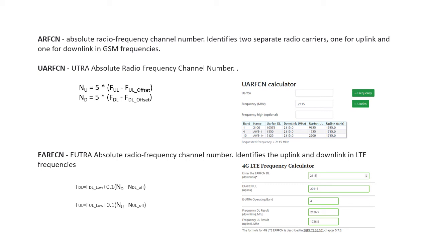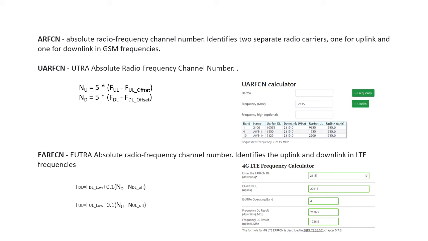For example, here we have a frequency equal to 2115. The calculator will determine the UARFCN, the downlink frequency, as well as the uplink frequency.